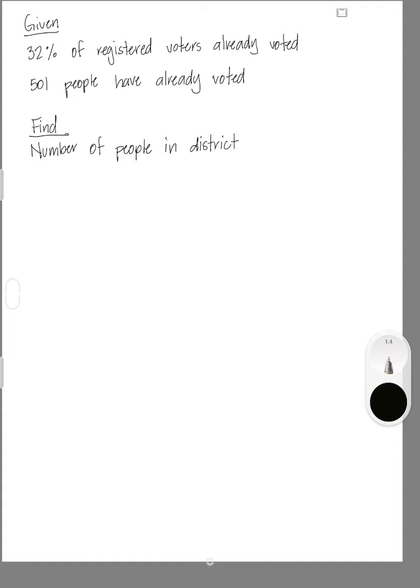So I'm going to go ahead and write this again. So I'm going to go ahead and combine the given information that they gave us. So basically they're telling us that 32% of the number of people, I'm going to say of the total district population is 501.